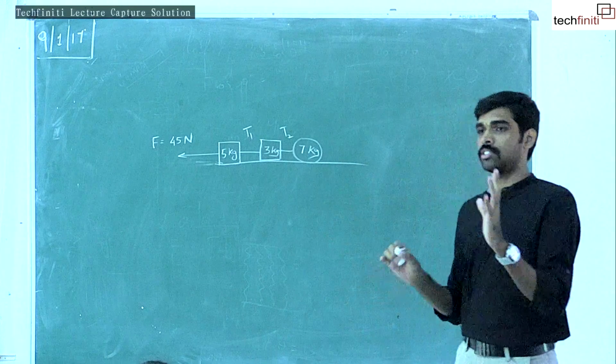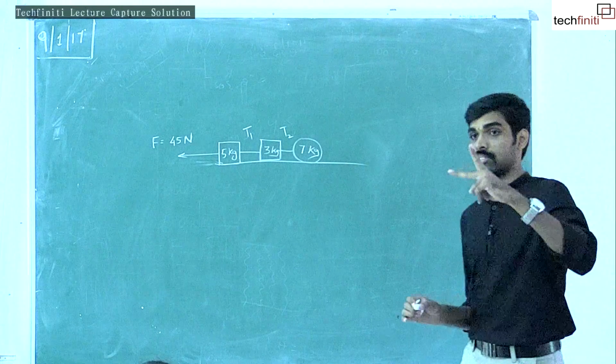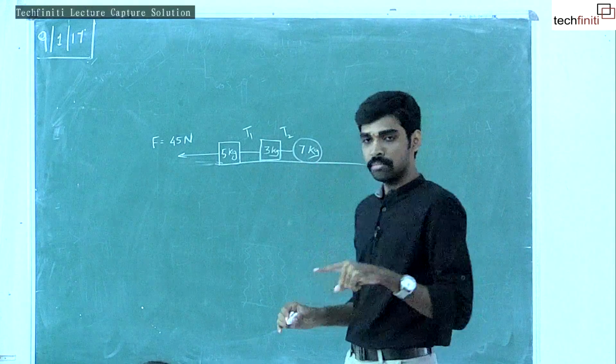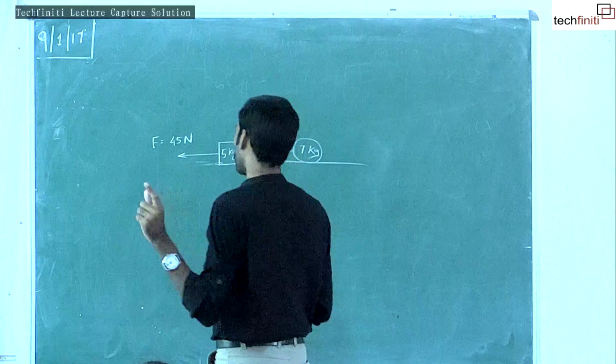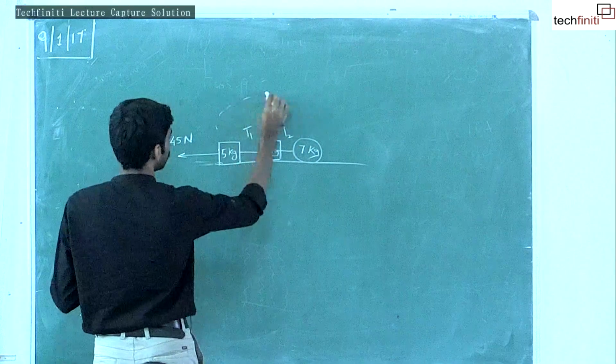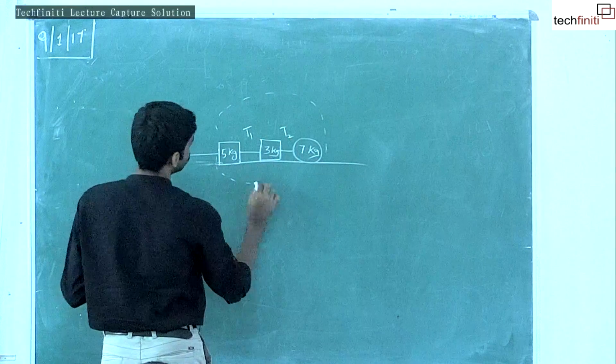This problem we can take in 2 ways. One is as a whole system and one as individual objects. If we take it as a whole system, what is the total mass of the system?